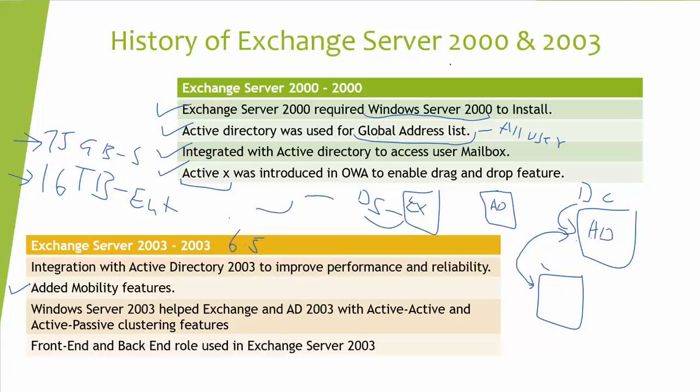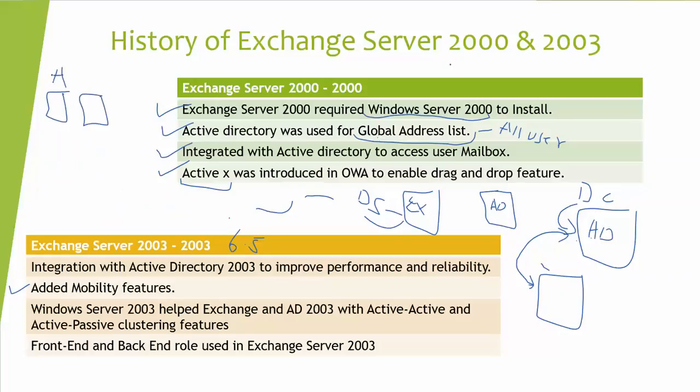One of the other things that I explained, the active to active and active to passive clustering feature, was introduced with Exchange Server 2003. The concept with active to active and active to passive is, for example, you have two servers.